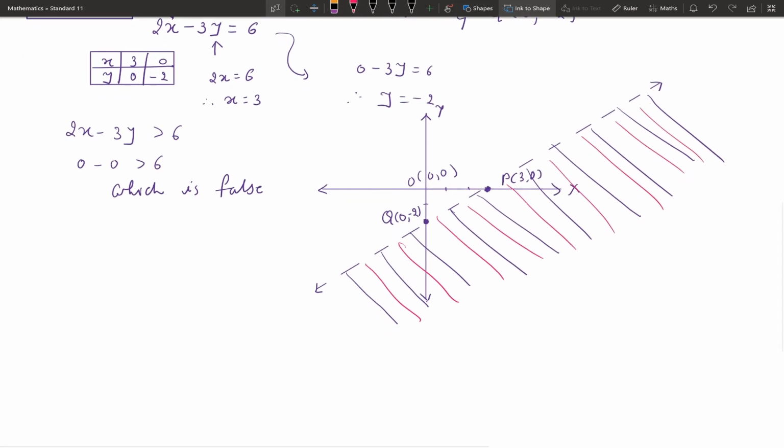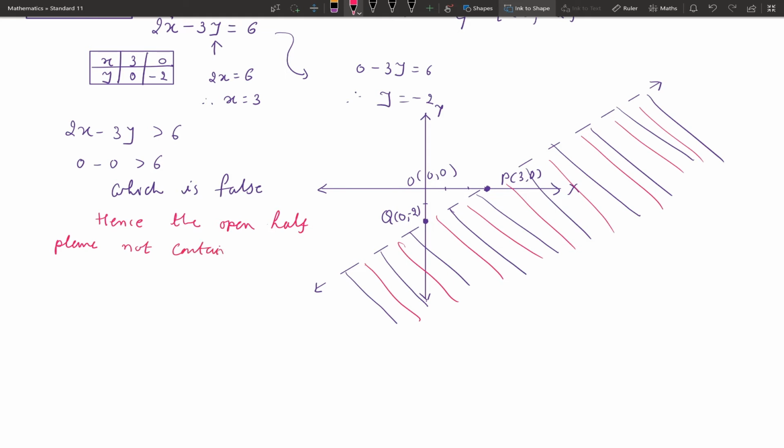So which is false, hence the open half plane not containing the point (0, 0) represents the solution set of the given inequality.